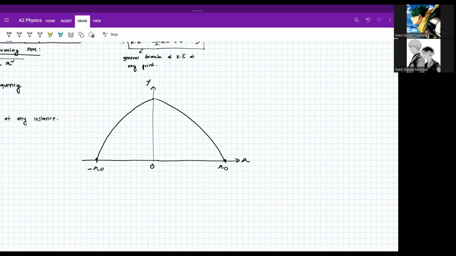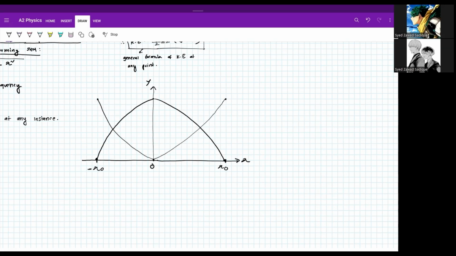So at maximum amplitude, it has maximum value, and at the baseline, potential energy is 0. So if we draw the graph, it becomes something like this.